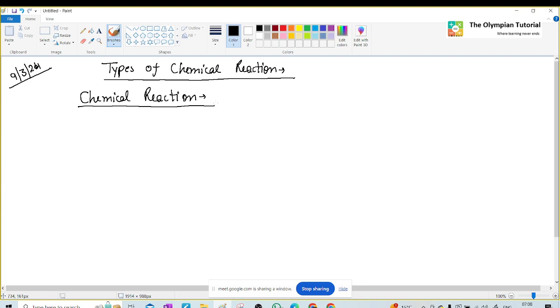Write down: chemical reactions involve the breaking and making of bonds between atoms to produce new substances.